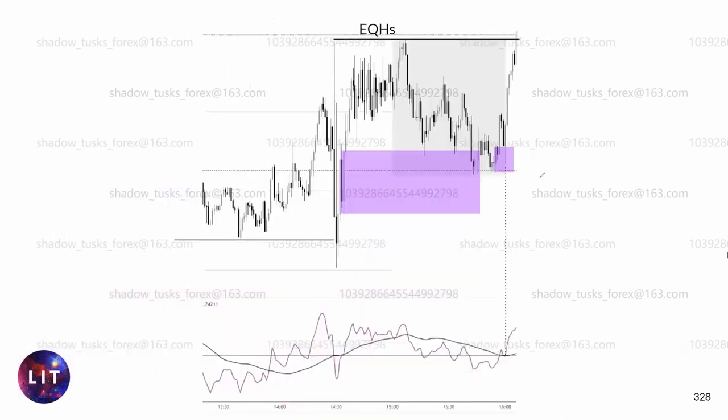Okay, perfect. So right here, what do we see? There's the mitigation of this inducement, and then also obviously this mitigated something to the left. And then after that, we give our, again, perfect M1 lit to trade into these equal highs.